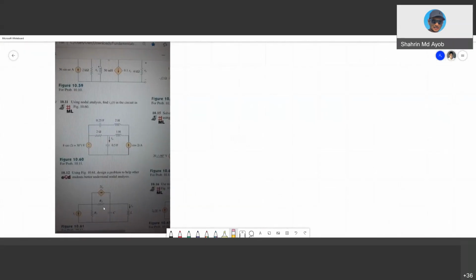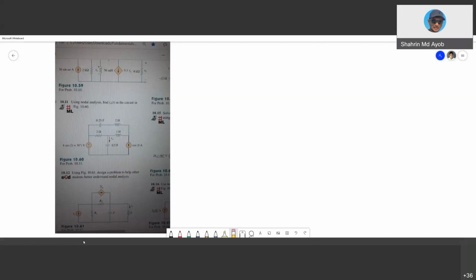Okay, I hope you can see this one. And I think we can share. Okay, let me share, so that everybody can have that copy. Using nodal analysis, find Io in the circuit.